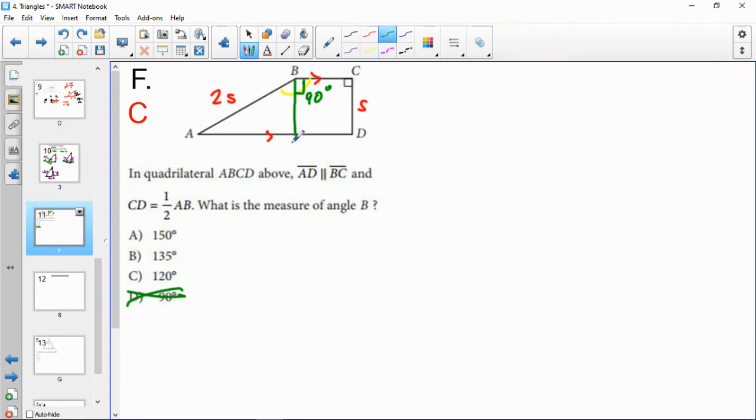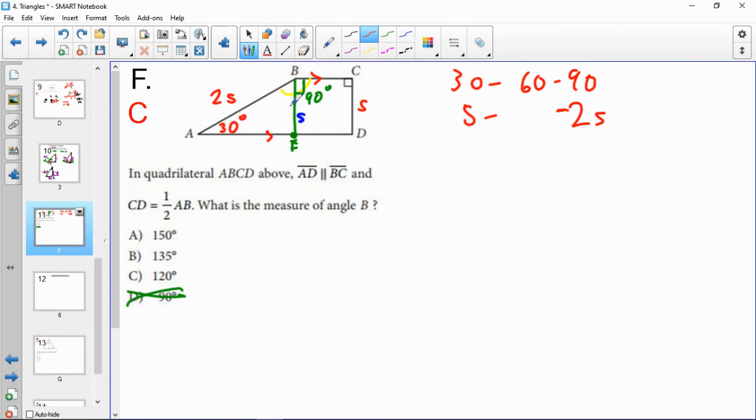And I'm going to mark this point E so I can call this angle ABE. And what you might be able to use now is that if this is a rectangle and CD is S, that means BE is also S. And now you might be noticing that I have the ratios of a 30, 60, 90, meaning that the 30-degree angle must be where A is.